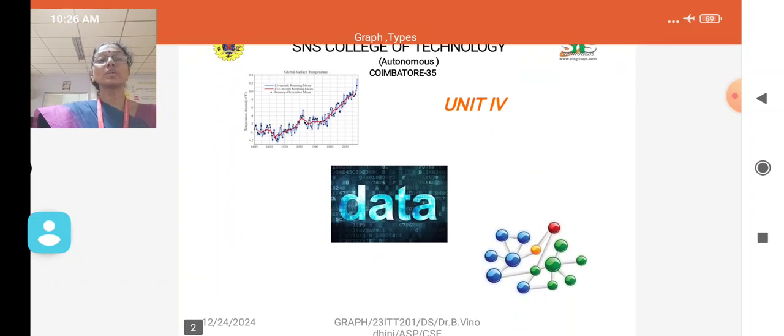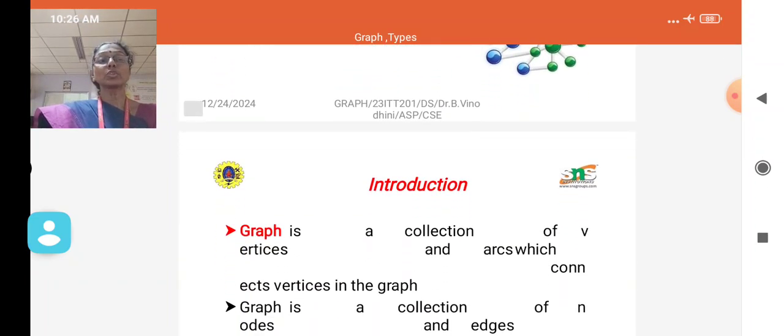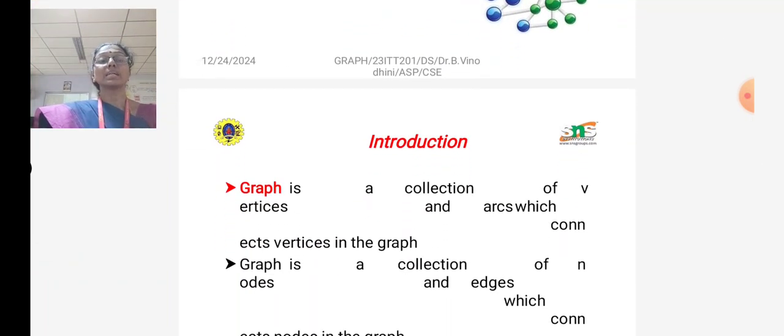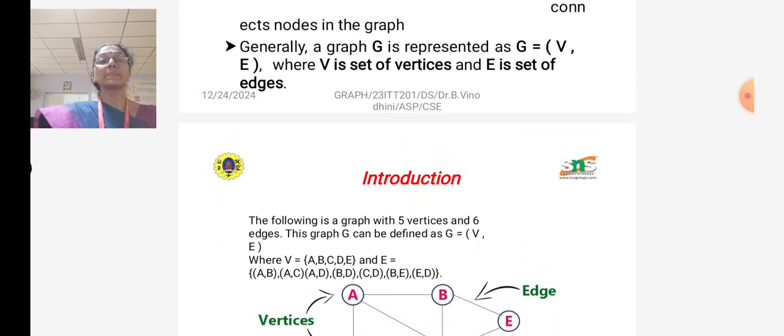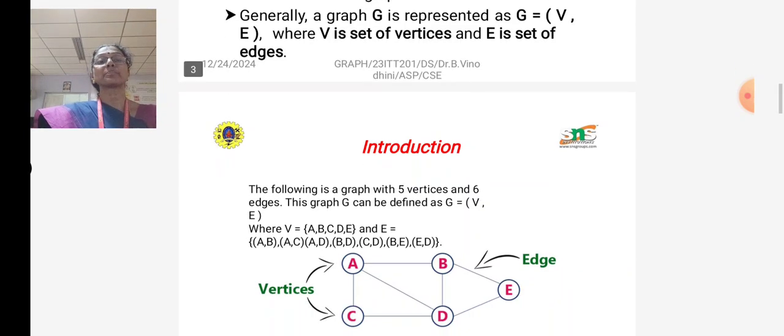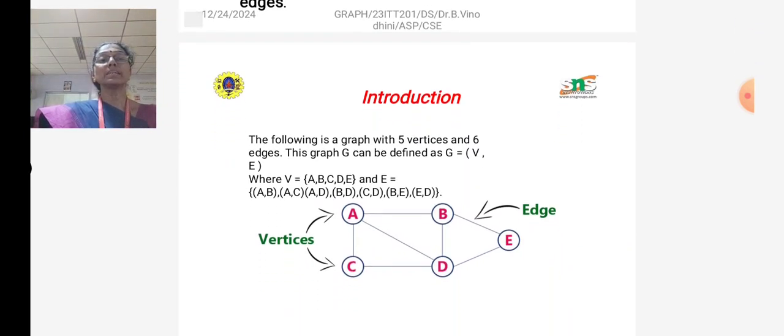The definition of the graph is a collection of edges and nodes. For example, a graph G is represented as a collection of vertices and edges, where V is a set of vertices and E is a set of edges. Consider the following graph. What are edges? Edges are the connection between two vertices or two nodes.